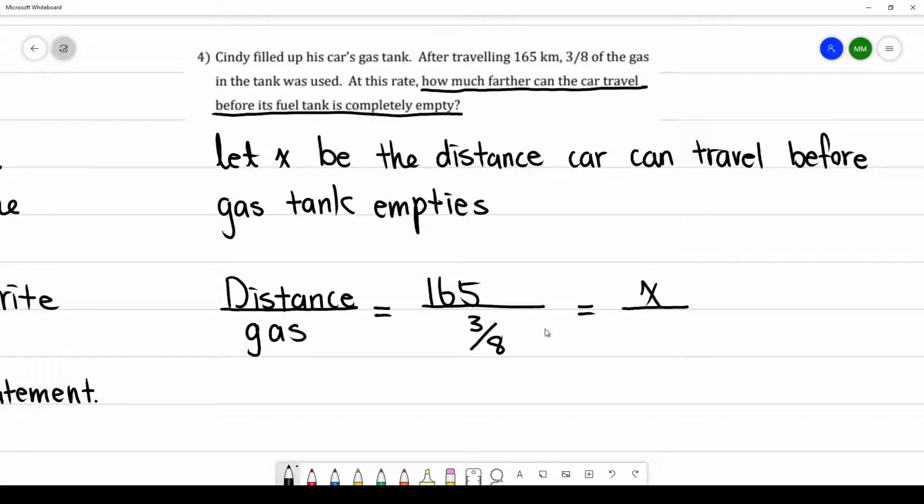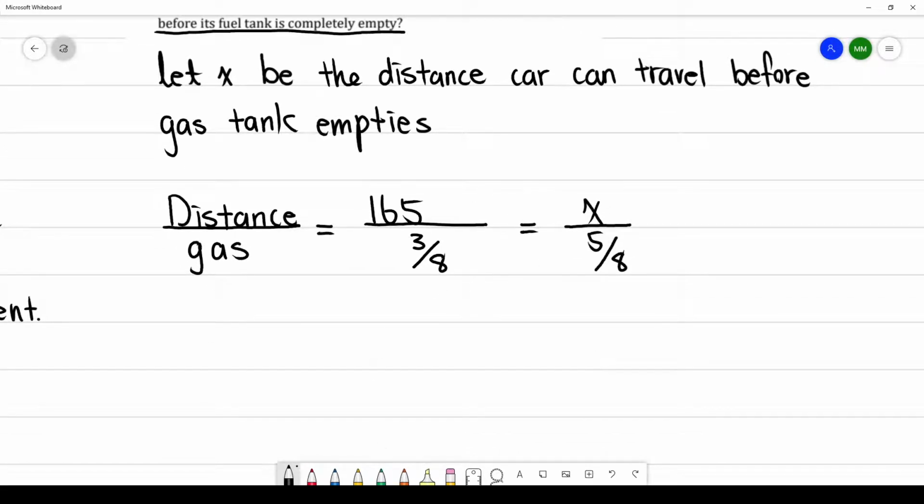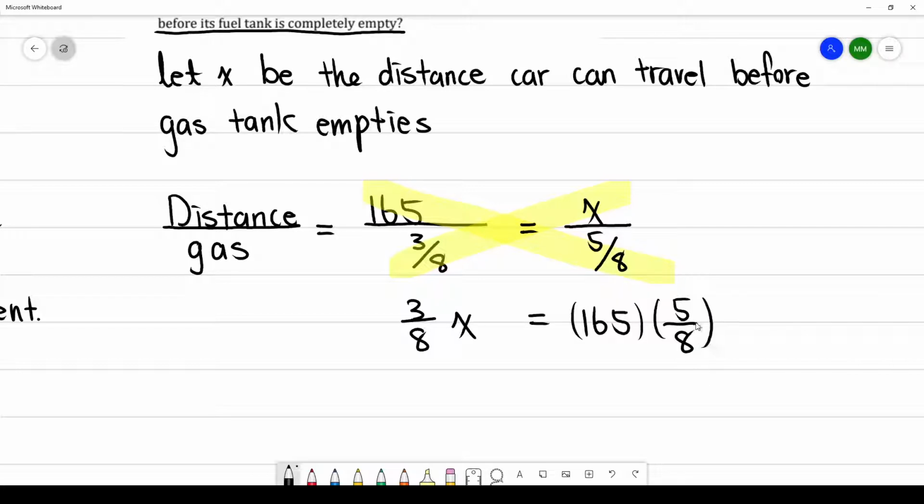We used 3/8 of the gas, so what we have left is 5/8 of the gas. Now we do the cross multiplication as I was talking about. So that times that, and then we have 3/8 x is equal to 165 times 5/8.